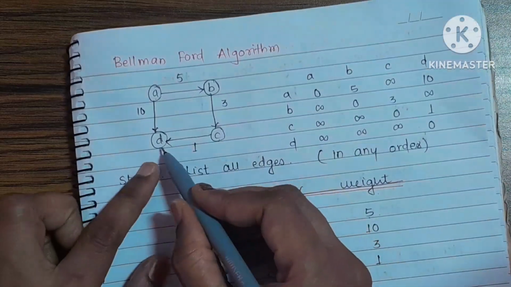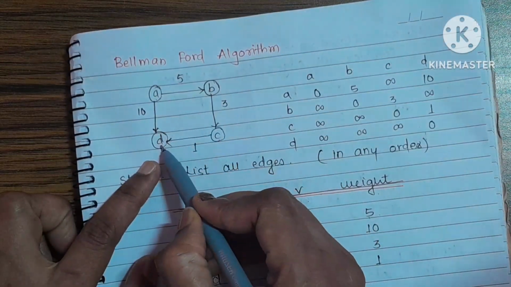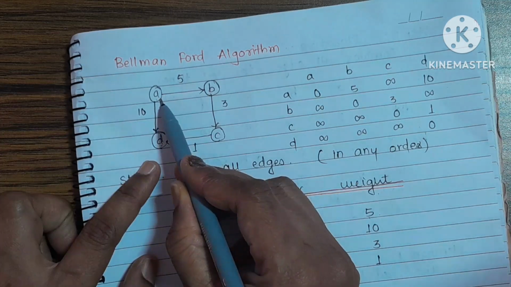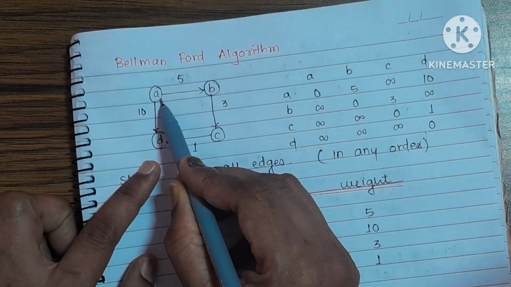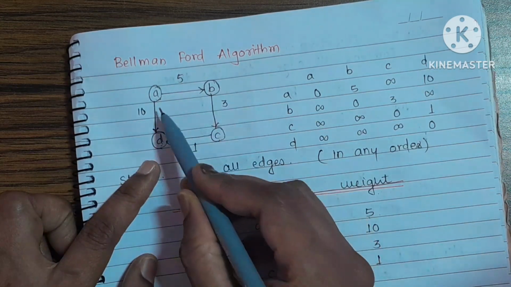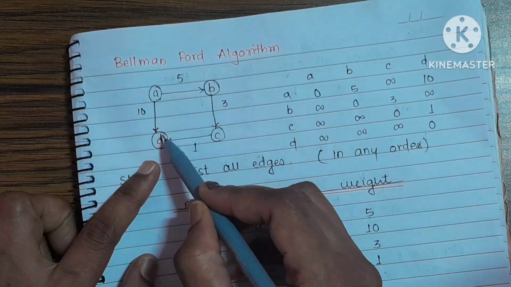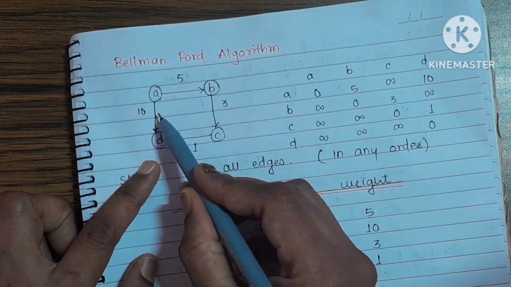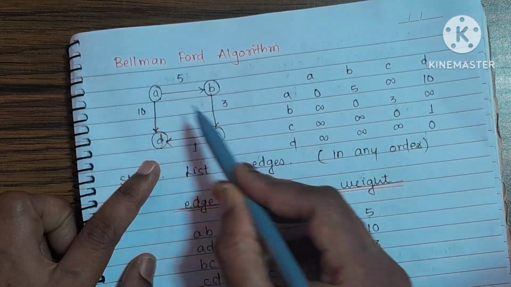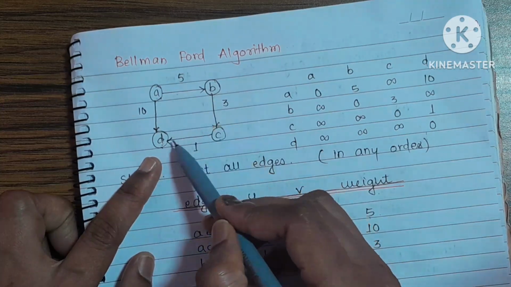This is also a good example where D is reachable from A with two alternative paths. Here D is present at one edge distance as well as three edges apart.